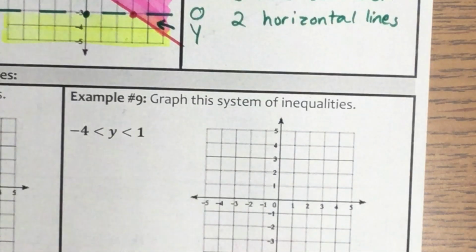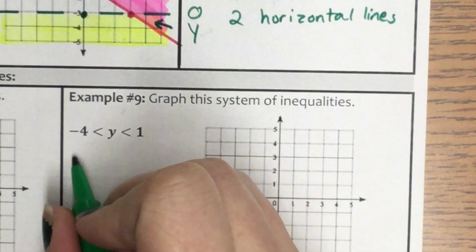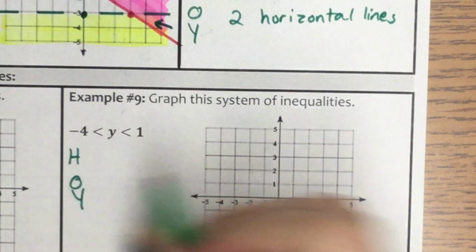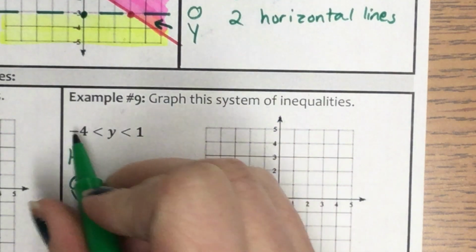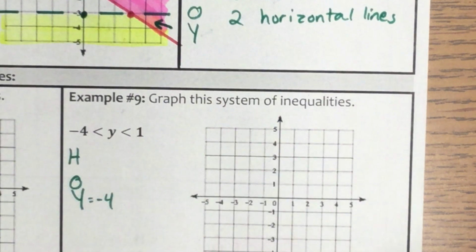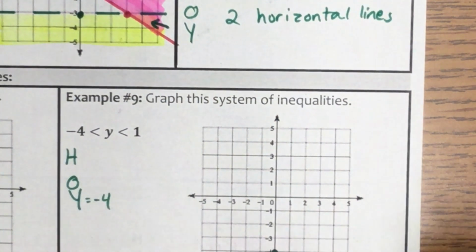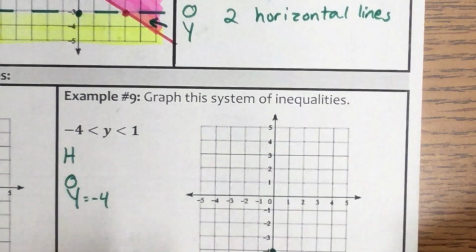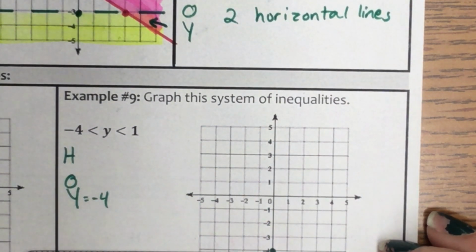Next one, y values this time. So these are HOY problems. Okay, y equals -4. So find -4 on the y-axis. It's going to be a dashed line, and it's horizontal.